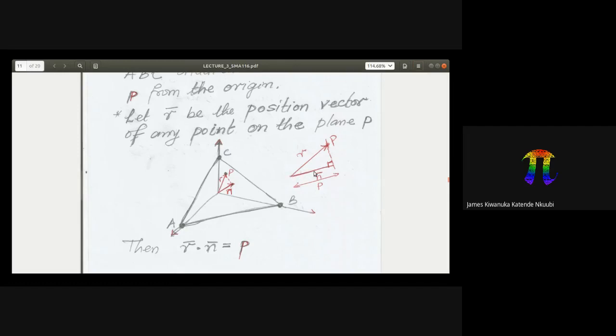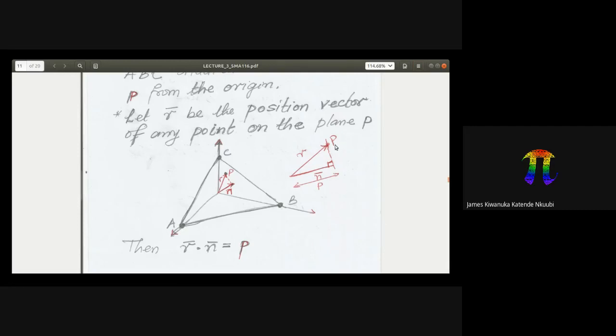And then this vector will be this length p multiplied by this unit vector. That will be the vector from the origin to the plane here. So I've just pulled out this triangle. This vector is normal to the plane. That's why we have a right angle here. Good. I hope you have understood the diagram because it's important before we proceed.